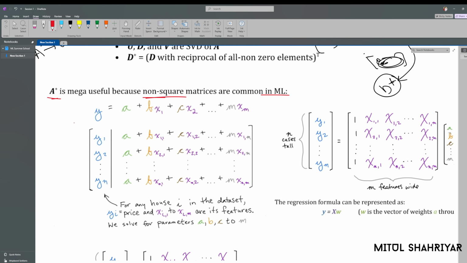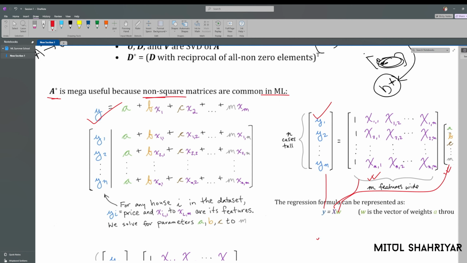So in our example of the house, I mentioned the house prices are y1 to yn, and in the columns we have features and there is some constant. We have the features here, and then using that we are calling this y, we are calling this x, and we are calling this w.